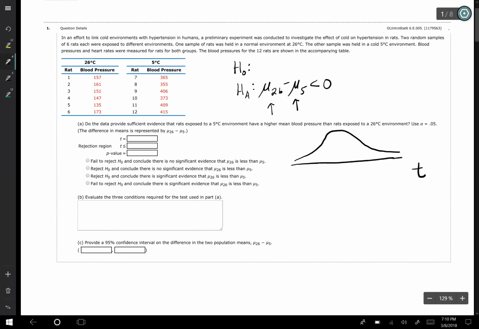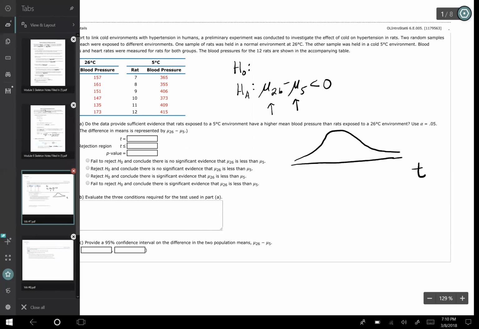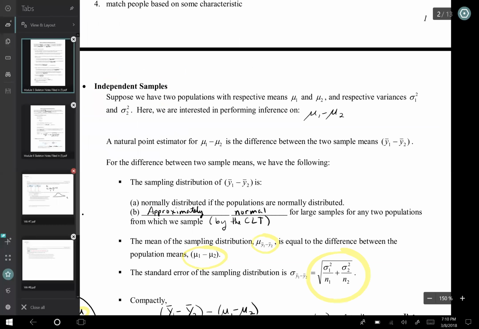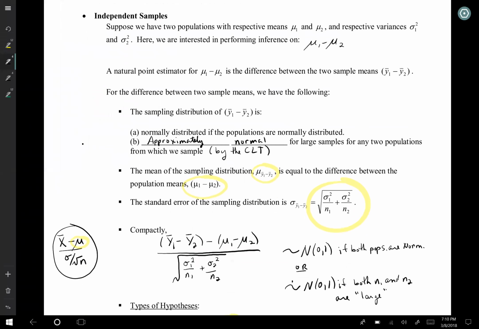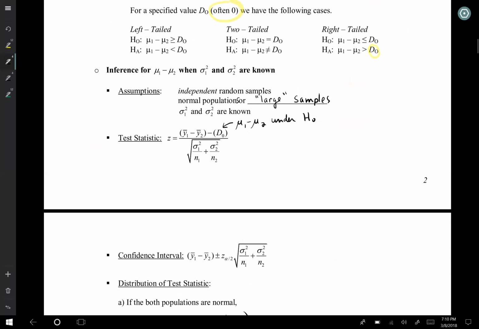Okay, so we have a small sample size. I'm pulling up my notes on that too. If you're in the situation where you have a small sample size, and by the way, this is the independent samples, right? Right. We have a small sample size.